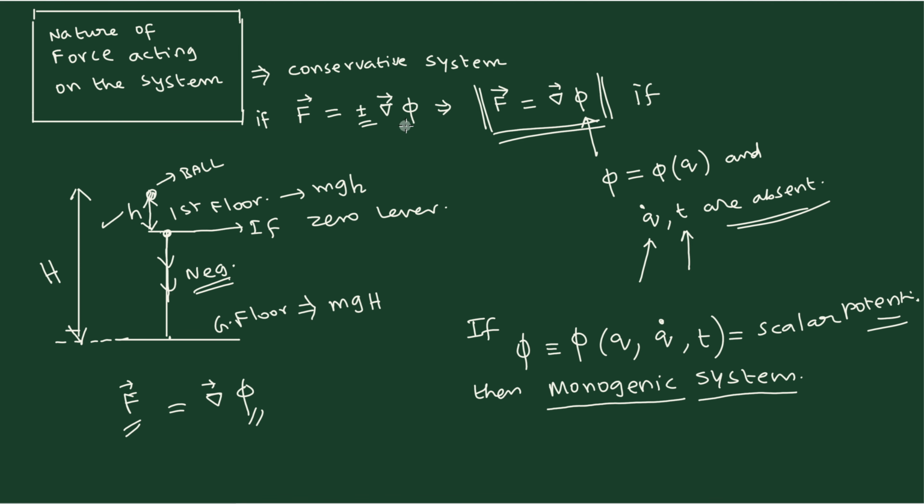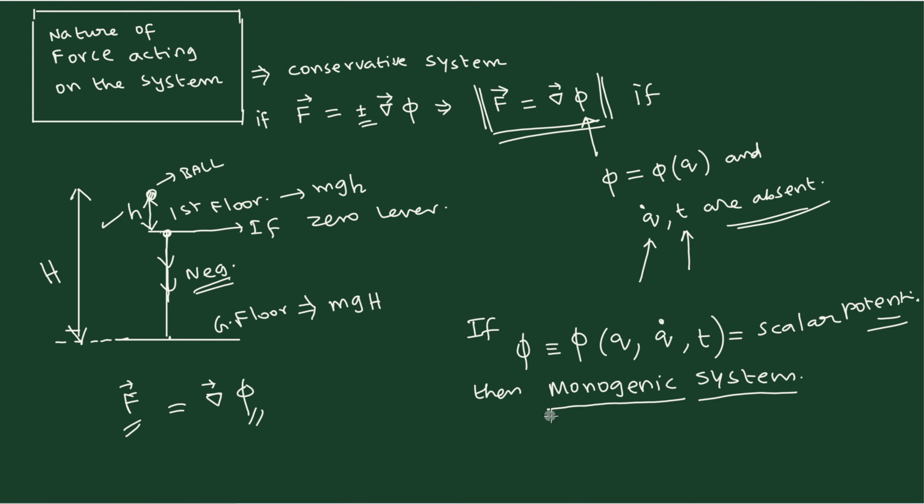In any case, you must be in a position to write down F equal to gradient of phi. Otherwise it will be completely non-monogenic and non-conservative. Of course, you know what non-conservative is: if you remove the equality and put a non-equality here, then it becomes non-conservative. That is quite natural.